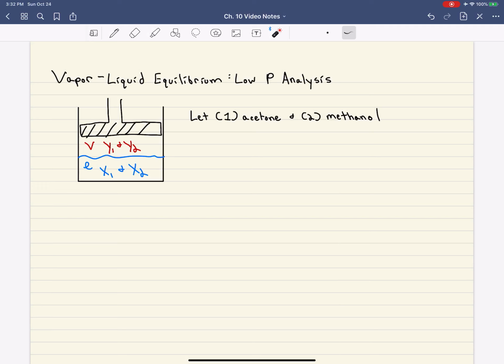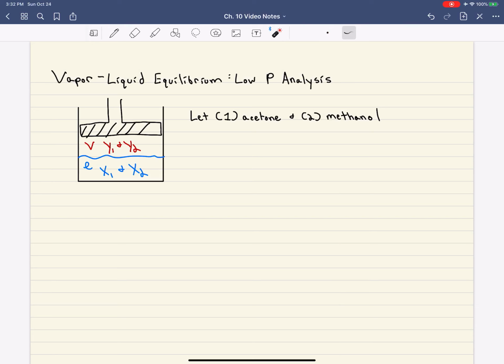Okay? All right, and so this is the basic idea that you should have when we're talking about vapor-liquid equilibrium. Just think of a piston cylinder where all of our stuff is underneath the piston, and our system can be both in the liquid and vapor phases.